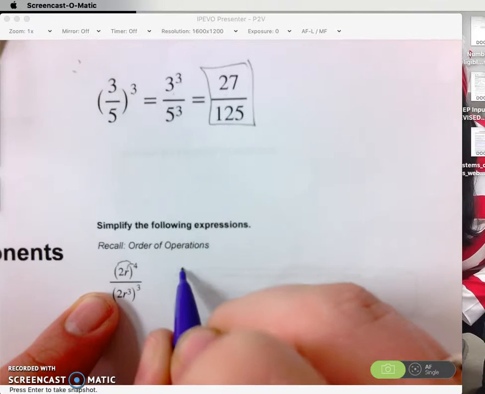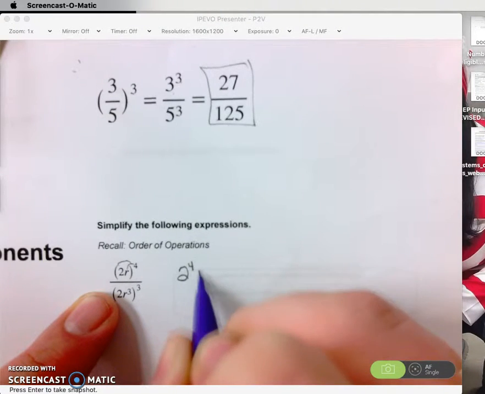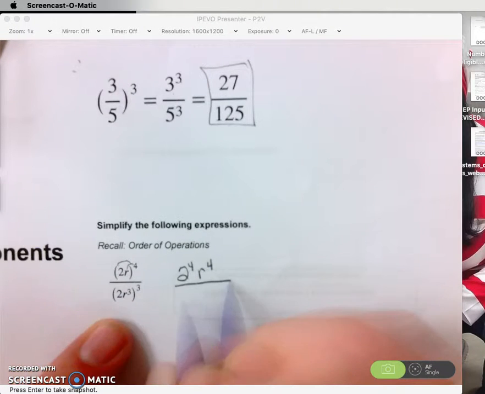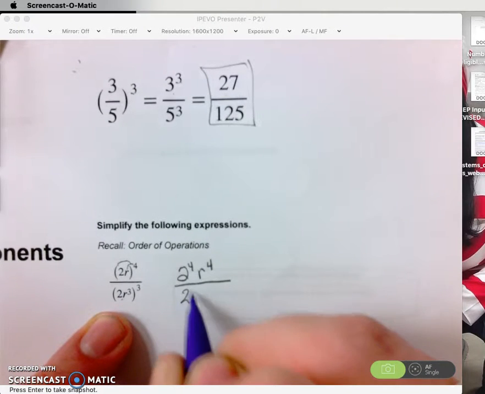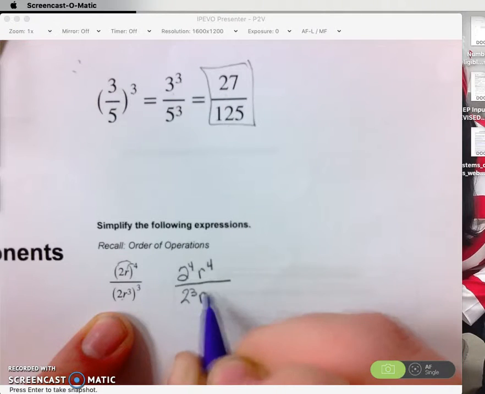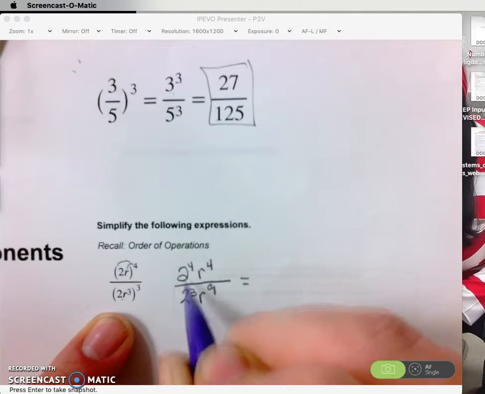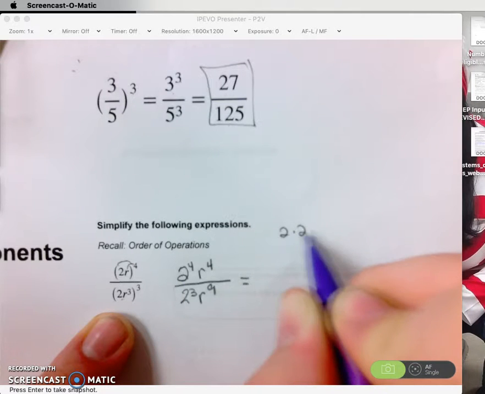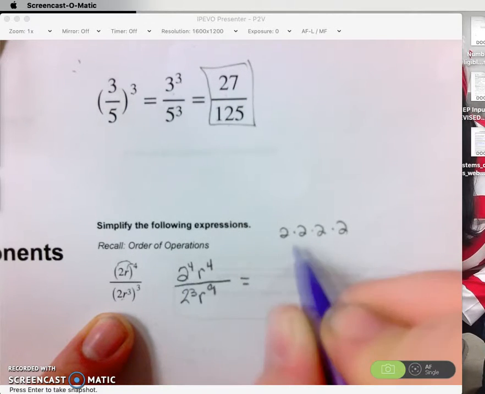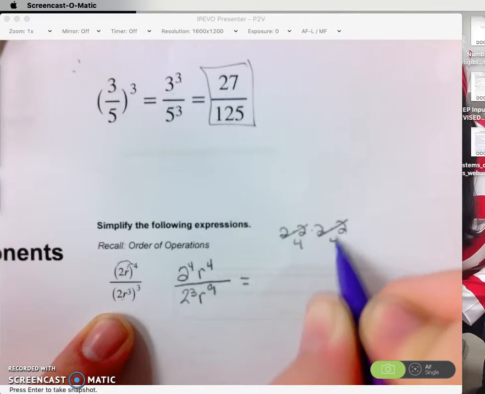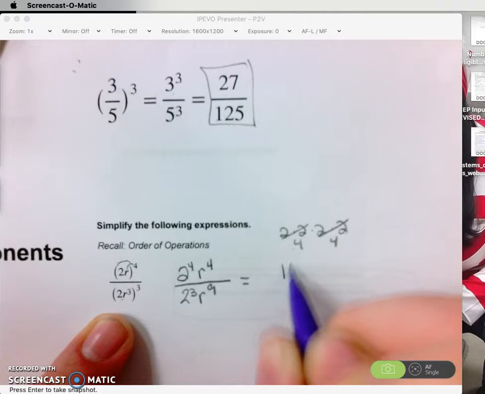So here we have 2 to the 4th times r to the 4th, all over 2 to the 3rd and r to the 9th. And then I can simplify this down. So 2 times 2 times 2 times 2 equals 16.